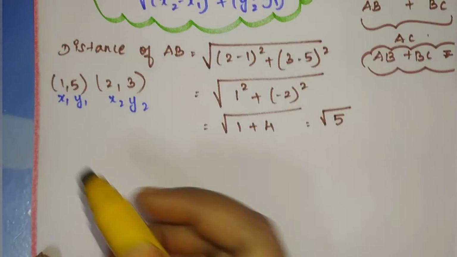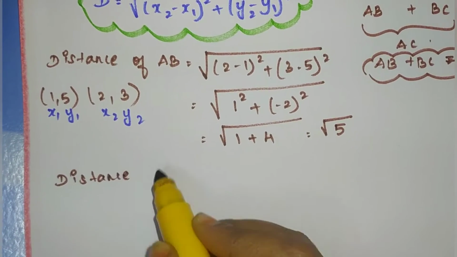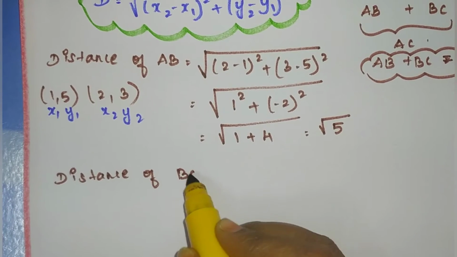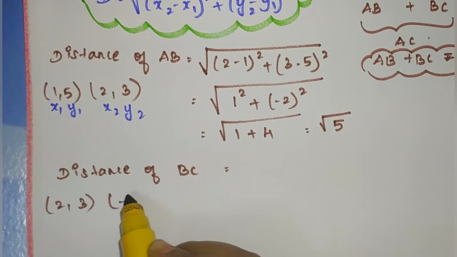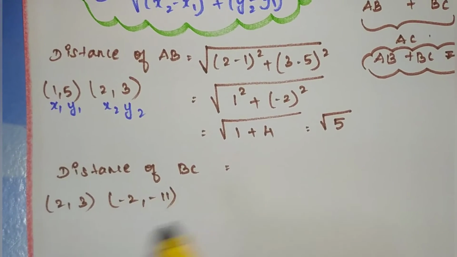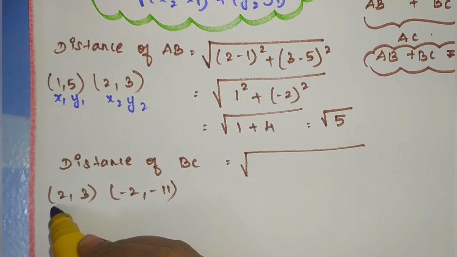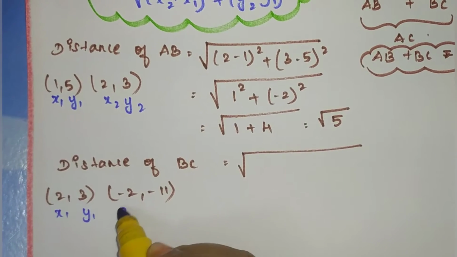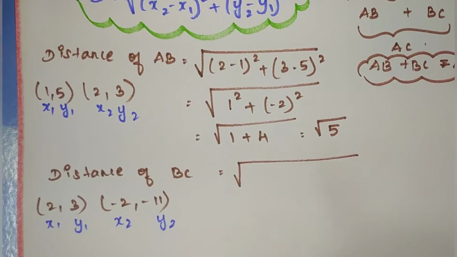Next, the distance of BC. B is (2, 3) and C is (-2, -11). Then write which one is x1, y1, x2, y2 and substitute in the formula.